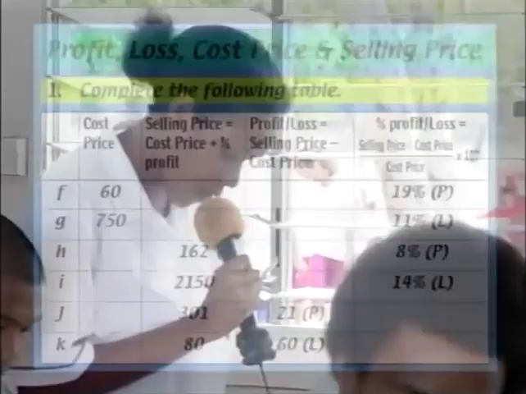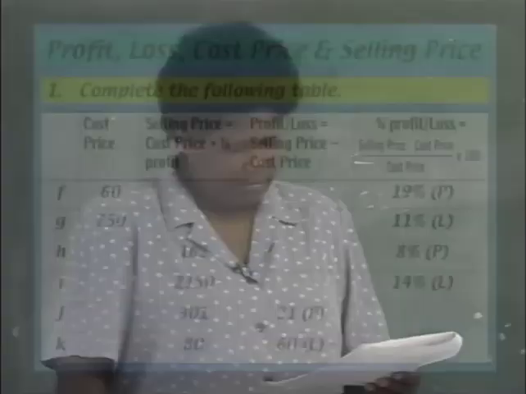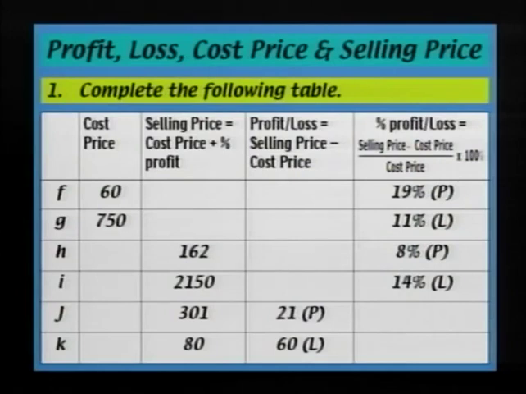The cost price is 150 kina with a profit of 12 kina. Okay, good. I, Jake. The cost price is 1,885.96 and the loss is 264 kina 4 toya. Did you all hear it? Jake, you'll have to repeat.